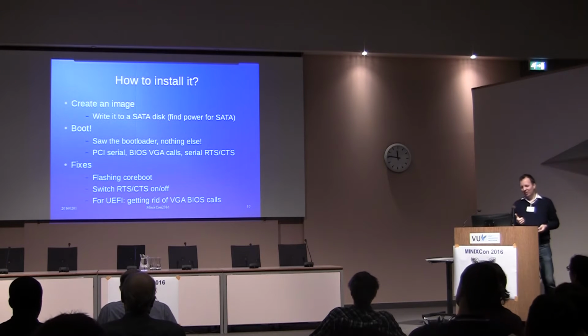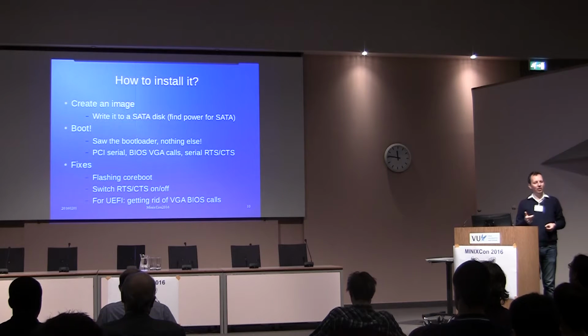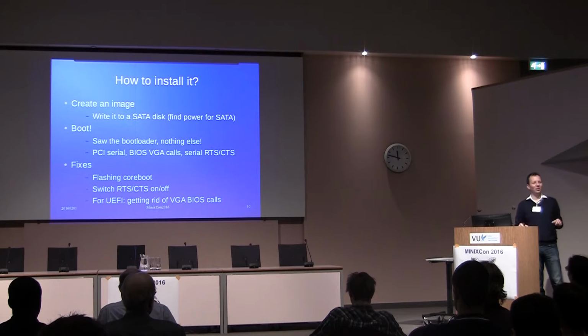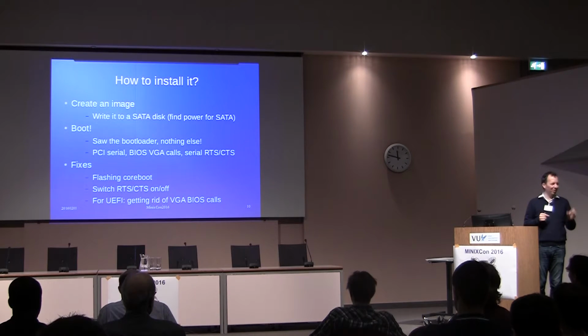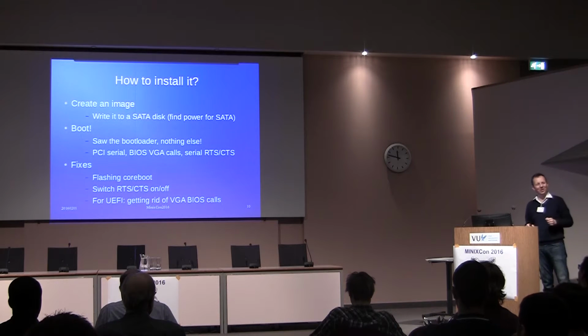So the first thing, still the same, use your image, write it to a startup disk, and then the first thing you have to do on the MinnowBoard is find out where you get the power for your SATA port at all. Because it's only the SATA data port and not the SATA power port. So you have two holes, so no pins are there.